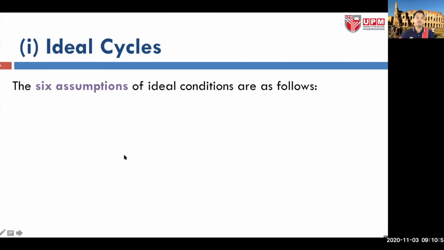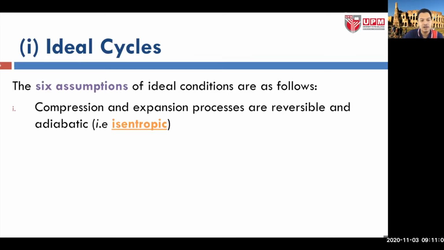Right. In order for us to deal with ideal cycles, there are 6 assumptions that we need to relook at and take into consideration. The first one is that the compression and expansion processes are reversible as well as adiabatic, right? So we have to take note that we assume the processes for compression and expansion are reversible as well as adiabatic, or in other words, isentropic.